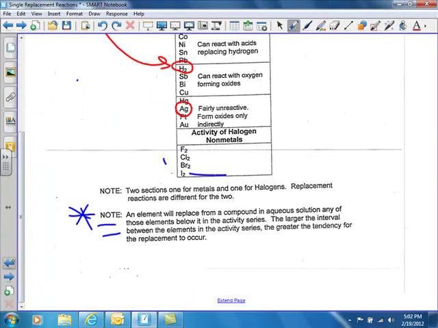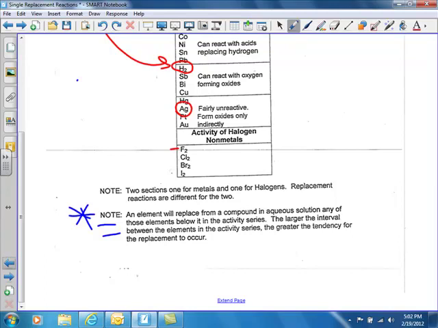Now, the activity series for metals is all up here. Right here is a separate activity series for halogens. This activity series works the same way, except it only works for halogens replacing other halogens.